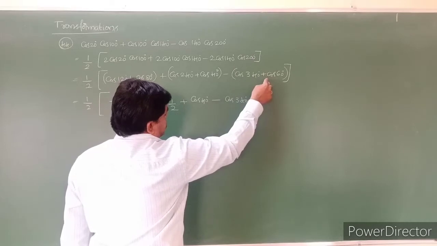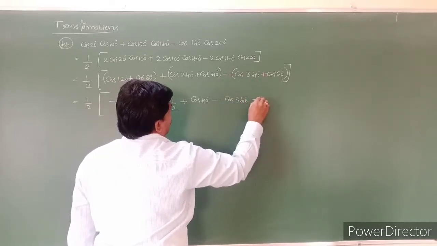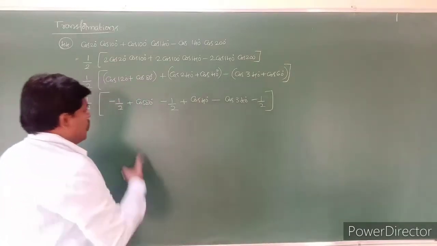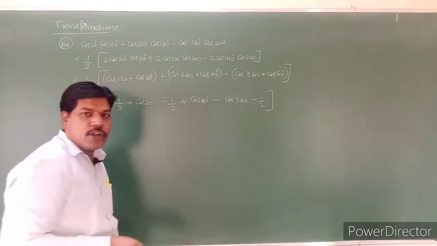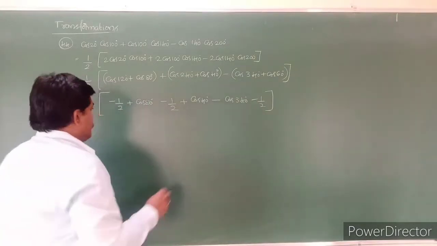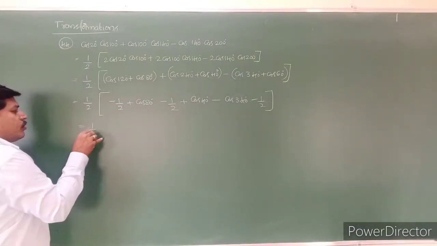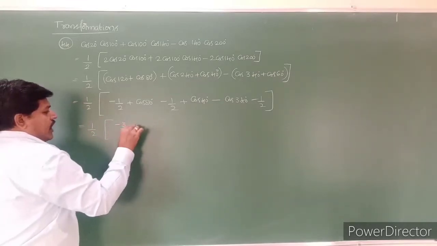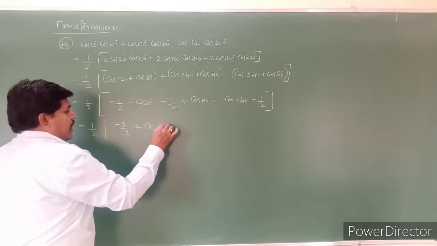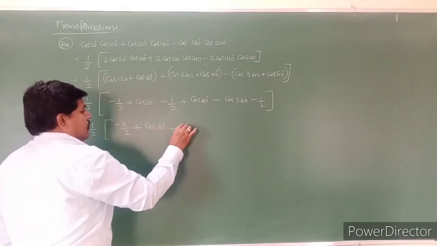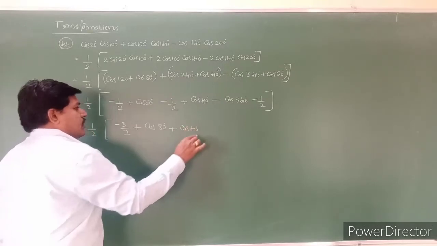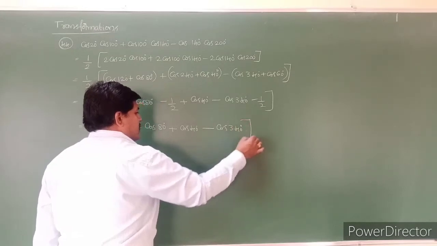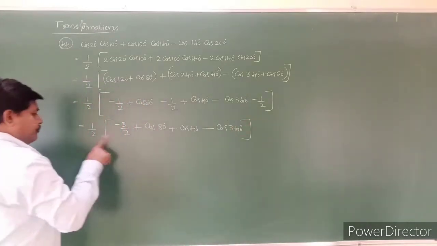Cos 60 is 1 by 2, apply the minus, it becomes minus 1 by 2. Minus 1 by 2, minus 1 by 2, minus 1 by 2 will become minus 3 by 2. So that is 1 by 2 into minus 3 by 2 plus cos 80 degrees plus cos 40 degrees minus cos 340 degrees.